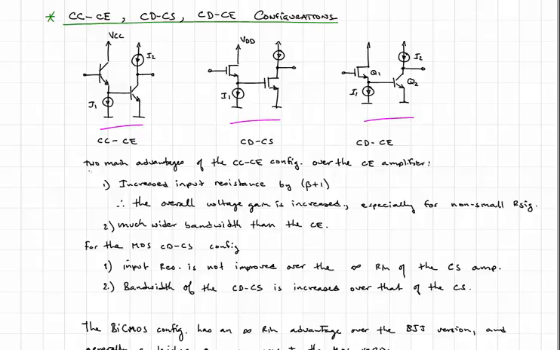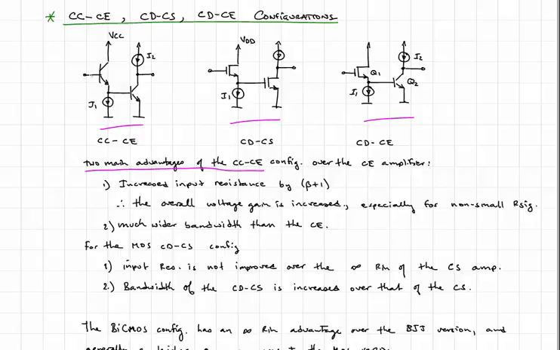So there are two main advantages of the common collector to common emitter configuration. Recall that the input resistance of the common collector, like for the bipolar junction version, is that the resistance reflected from the emitter back to the base is increased by beta plus 1.